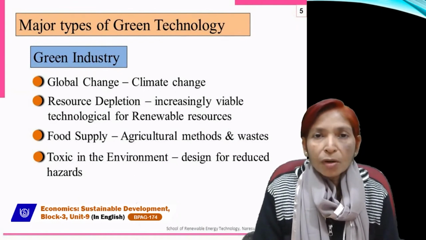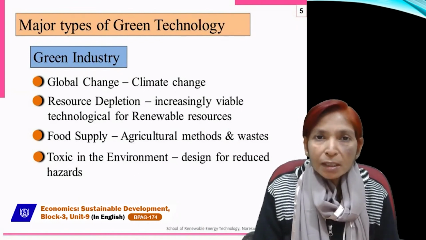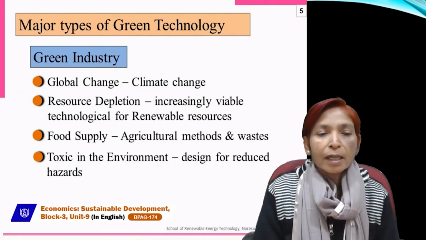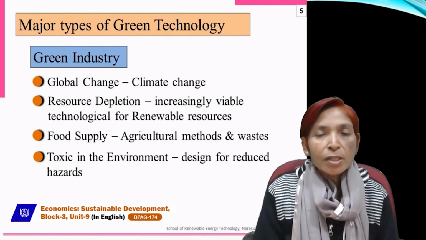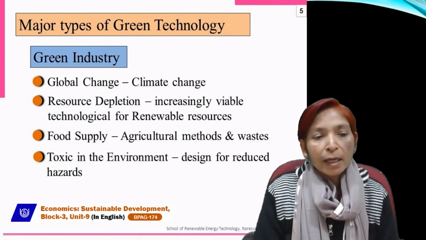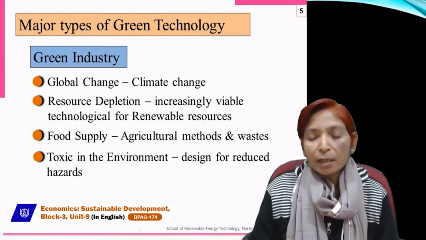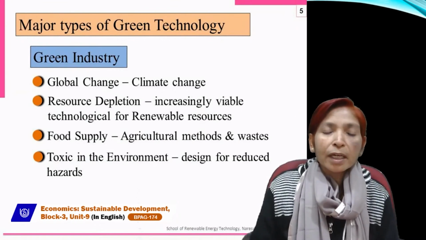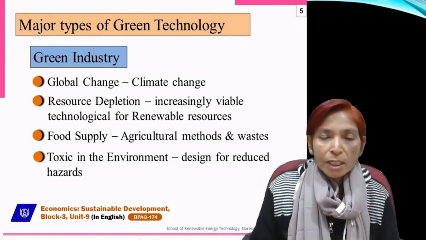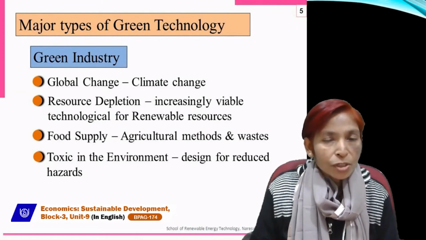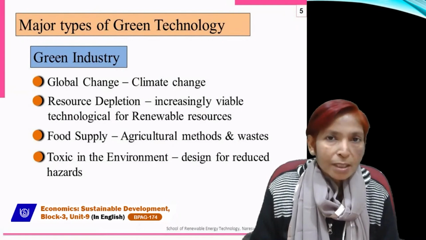If we use these types of technology in the agriculture sector, in the industrial sector, and we use renewable resources in such a way that the environment will be protected, that will be called green technology. These are the major types of green technology: global change like climate change, resource depletion. Increasingly viable technologies for renewable resources should be used for the production of goods and services.